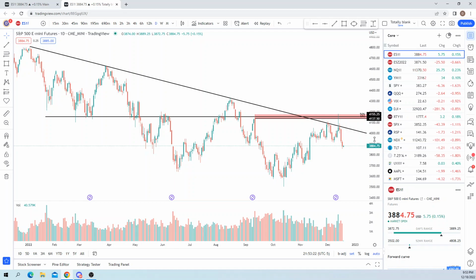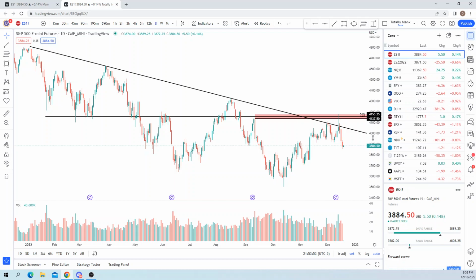So the fair value on the S&P 500 on the day of the short setup was anywhere between 4,050 and 4,100. Okay, so anytime price gets up into that fair value region, it just gives the institutional participants a reason to take profit within that region or above.